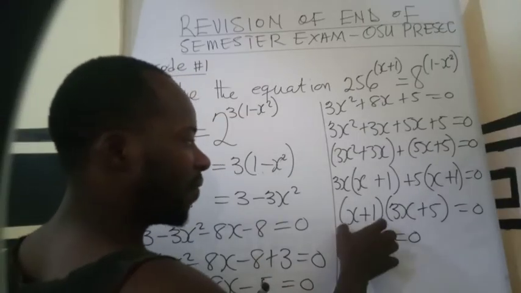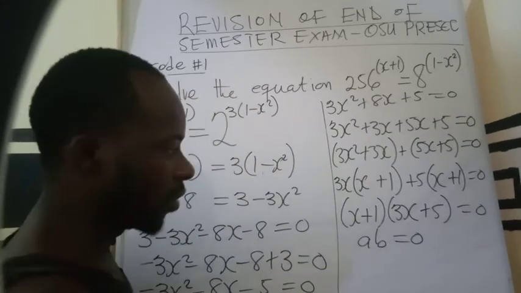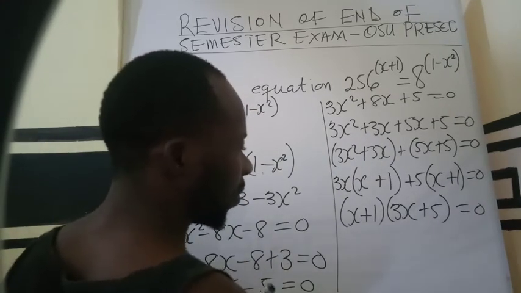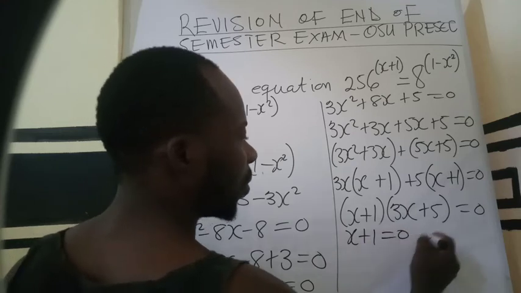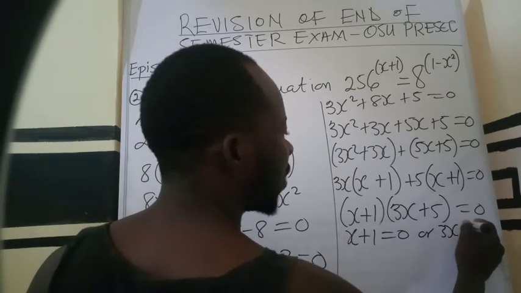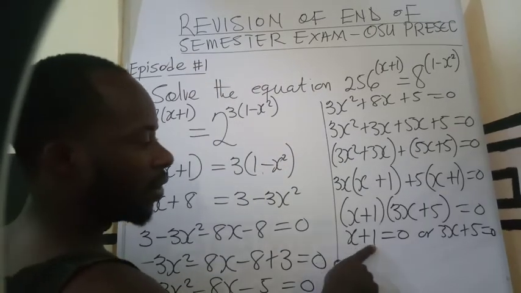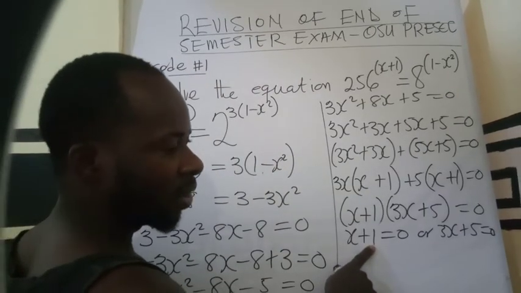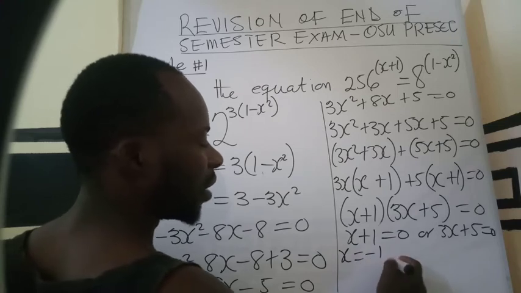So that means the first term is equal to 0, or the second term is also equal to what? 0. So that means x plus 1 is equal to 0, or 3x plus 5 is equal to 0. So we send the 1 as negative to the other side to give us x equals to -1.